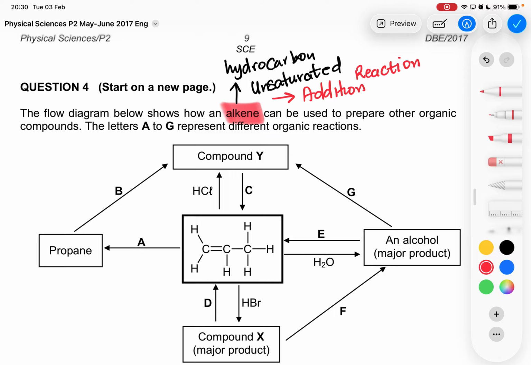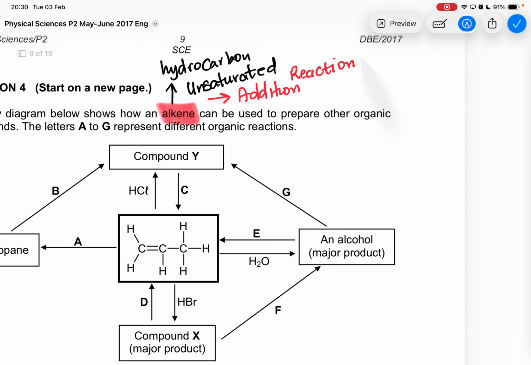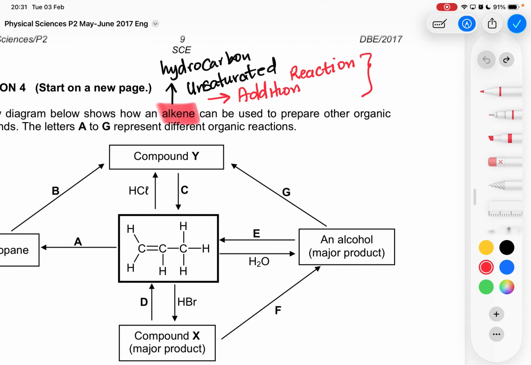All right, and we must know there are 4 possible addition reactions.